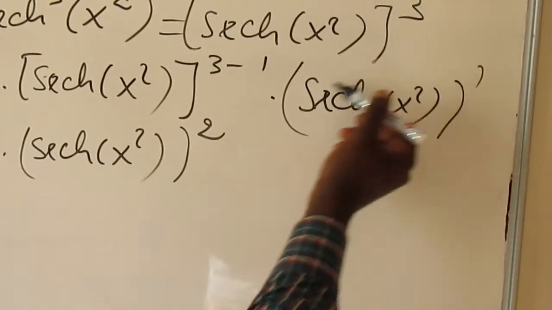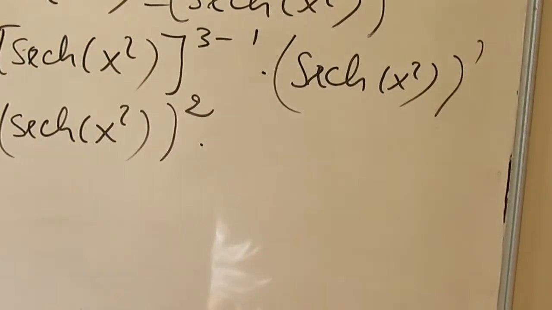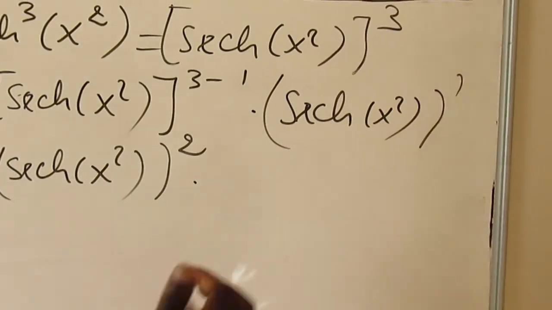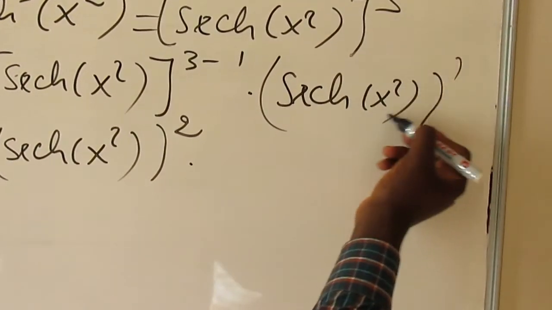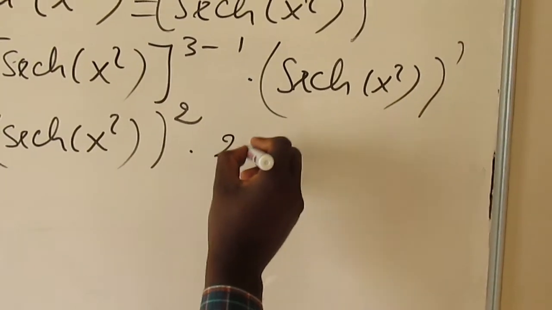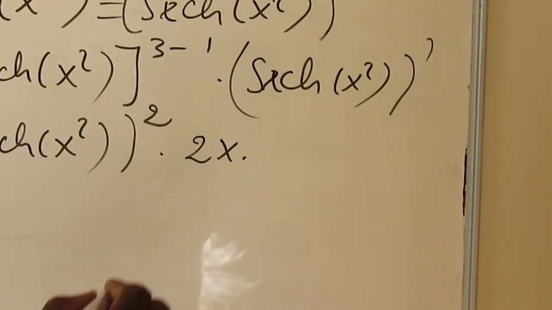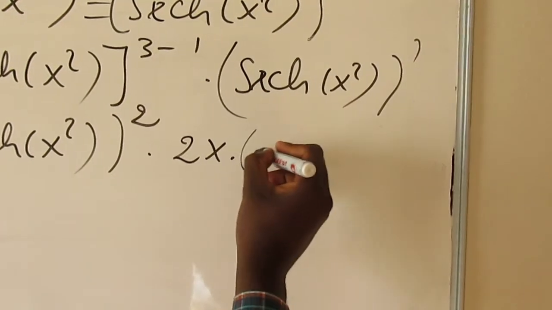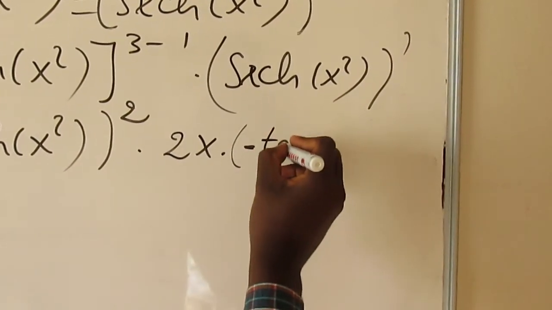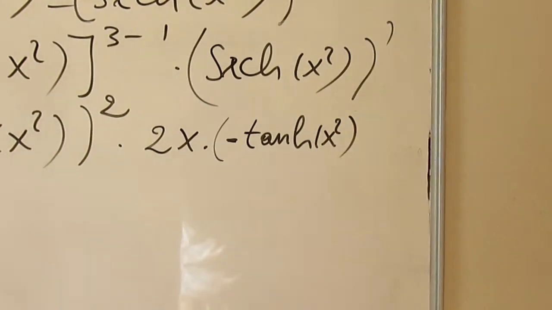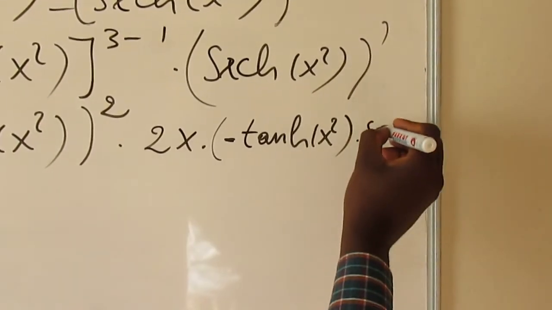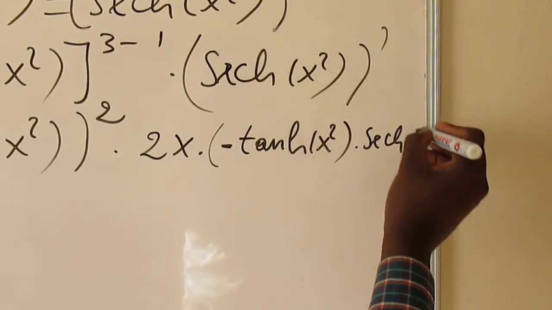Then the derivative of this, I showed you that it is in your additional formula sheet. You derive the function first, which is going to give you 2x, multiplied by the derivative, which gives negative tanh of x squared, multiplied by sec of x squared.